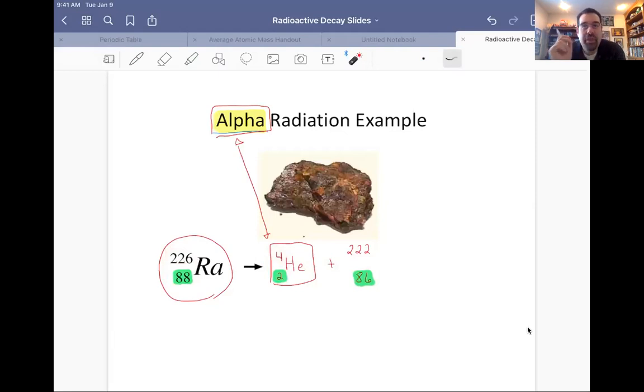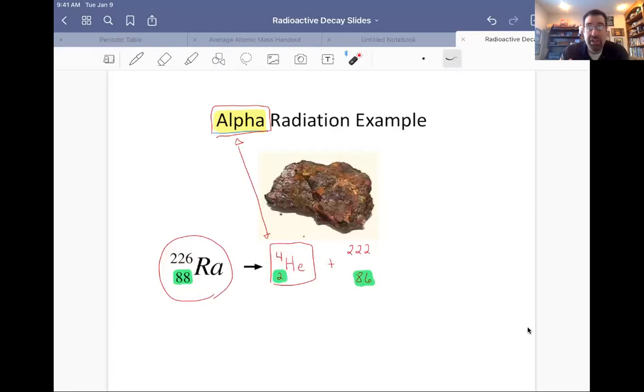Right, so remember, the number of protons tells us what element we have. And so the only element that has 88 protons is radium. Radium does not have 86 protons. And so to figure out what element this daughter nucleus is, we have to go to the periodic table.